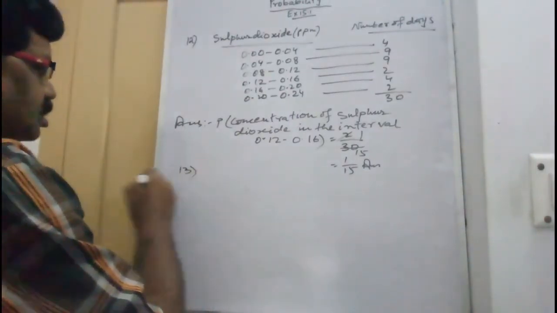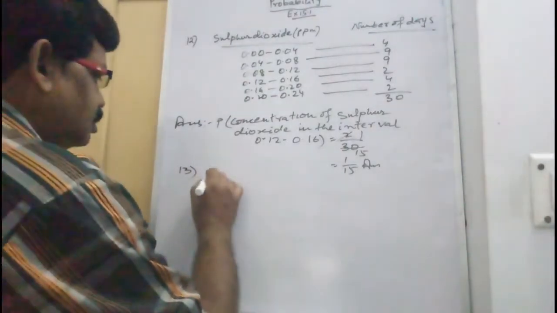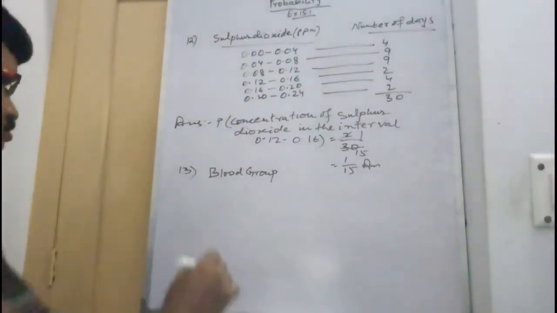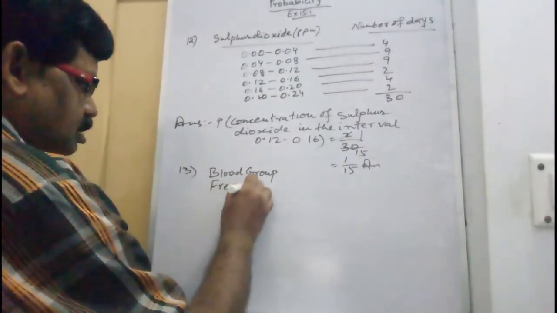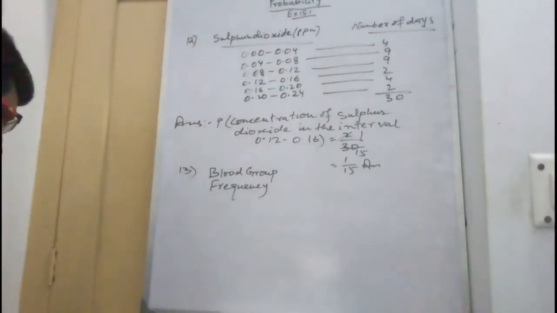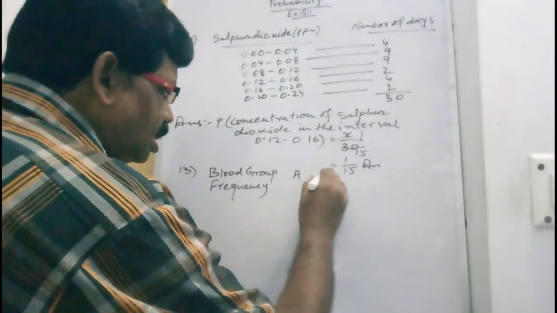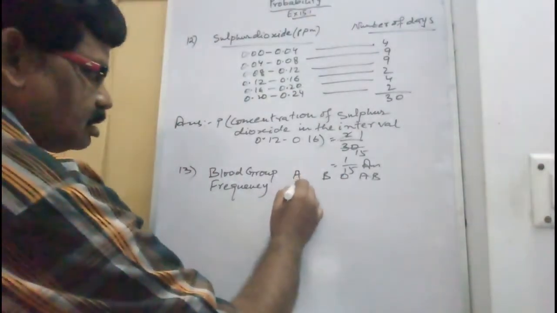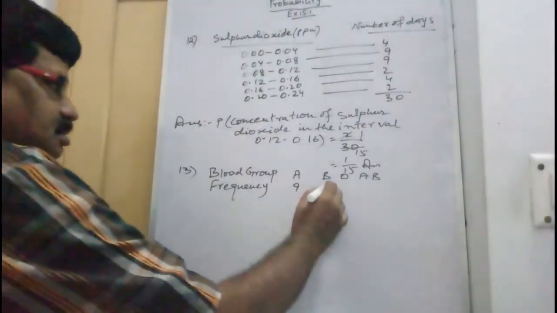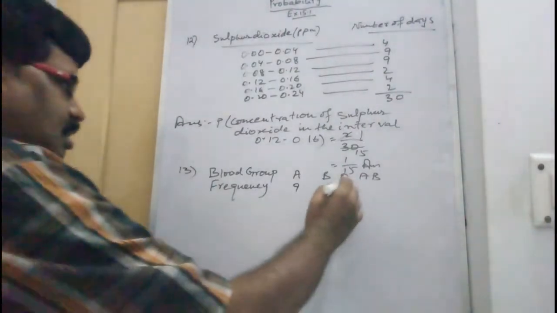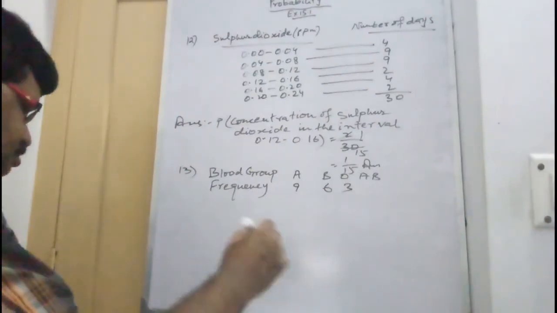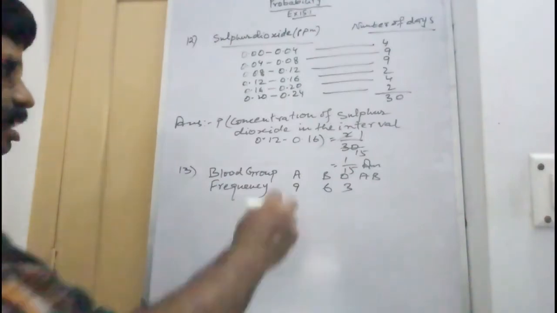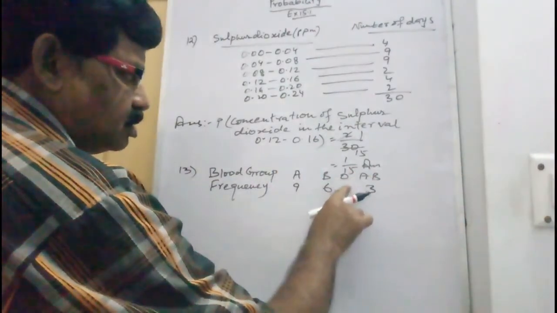Sum number 13. Blood group frequency. So blood group A, B, O, AB: 9, 6, 3, 12. Blood group AB is 3, blood group O is 12.